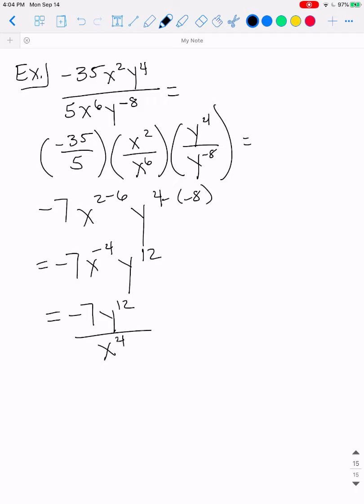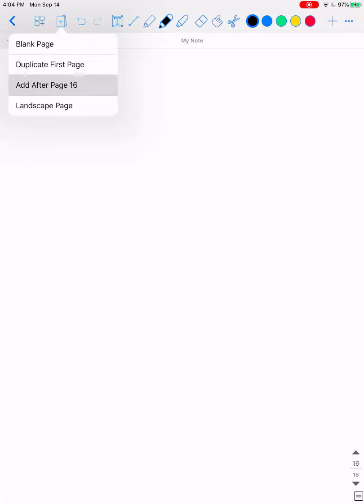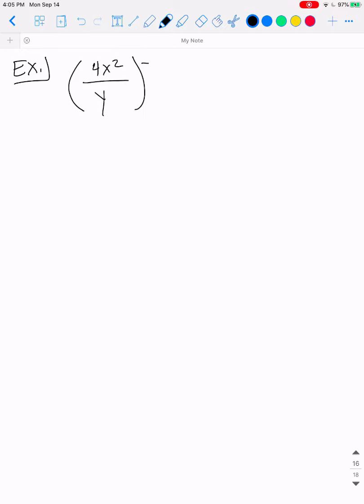All right, go ahead and do another example. Okay, so the first step that we could do here is distribute the -3 to the numerator and the denominator.